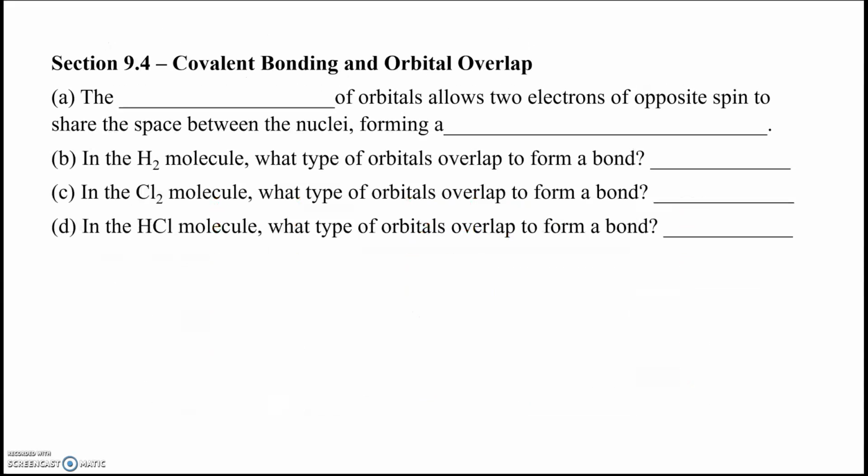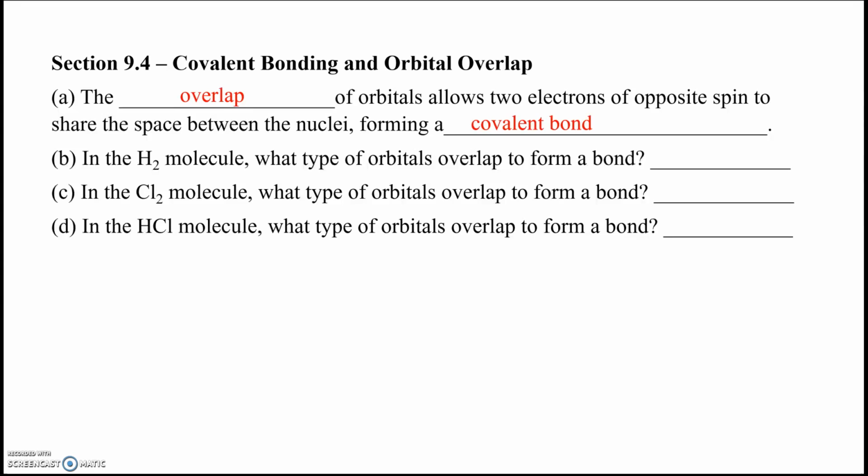All right, now let's take a look at a couple of more questions about covalent bonding and orbital overlap. So the overlap of orbitals allows 2 electrons of opposite spin to share the space between the nuclei, and this is what forms the covalent bond.